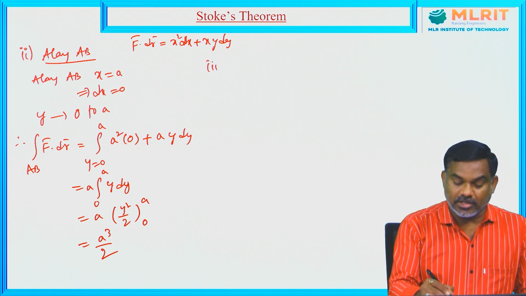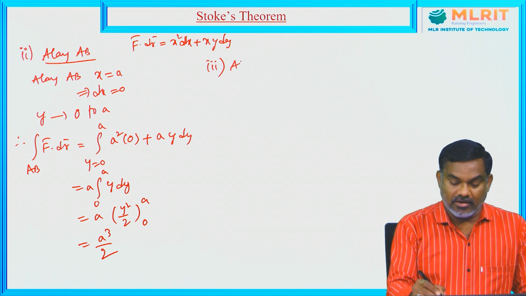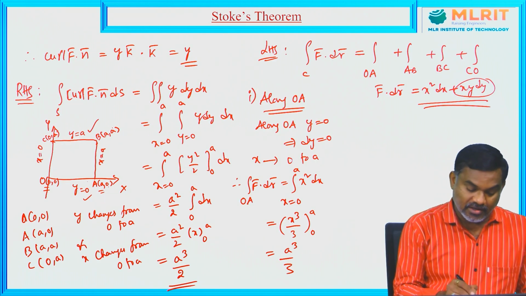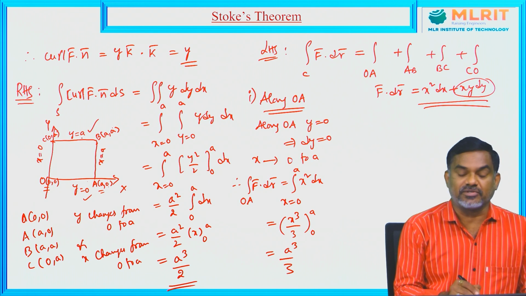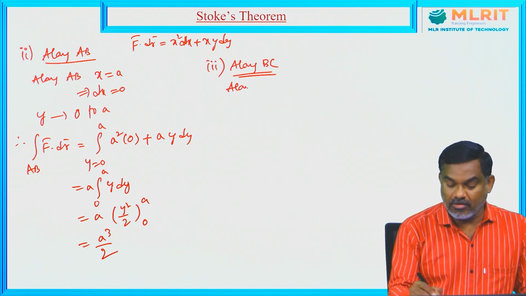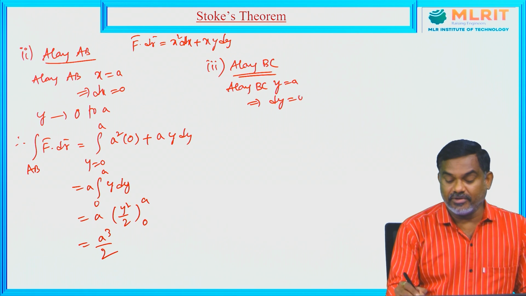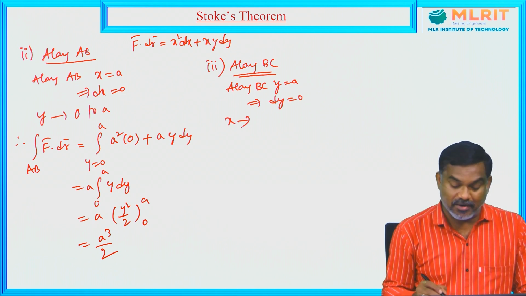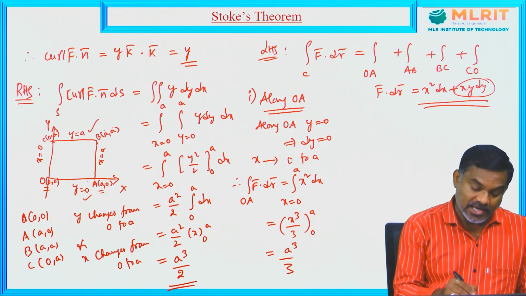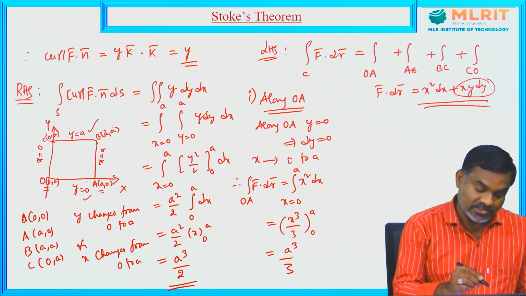Now coming to the third line, along BC. Along B to C, the value of y is fixed, y equal to a. So along BC, y equal to a, that implies dy is 0, and x changes from a, where the value of x is a, to 0, where the value of x is 0.